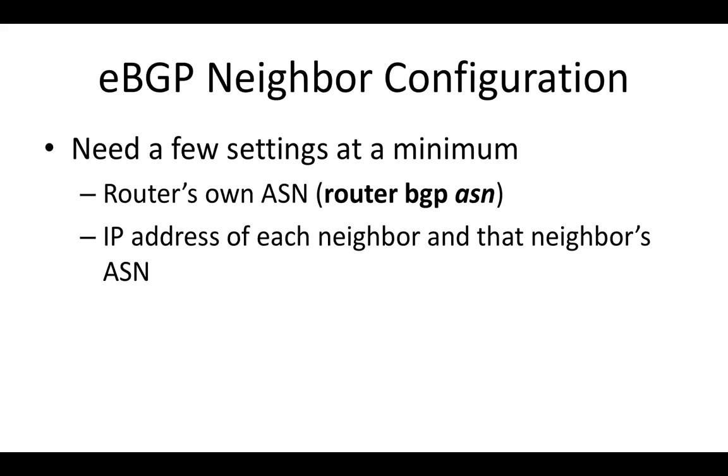So if we're going to set this thing up, we need a few settings at a bare minimum. You need your router's own autonomous system number. And again, this is something you would have retrieved from a central authority somewhere. If you're doing internal BGP, of course, just make them up. It doesn't really matter. But the big important part here is that all of these ASNs have to be unique across the internet. Once you know that, you also need to know the IP address of each of your neighbors, and you need to know those neighbors' ASNs as well.